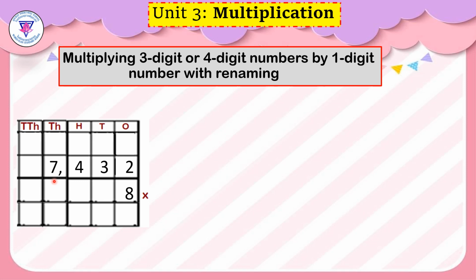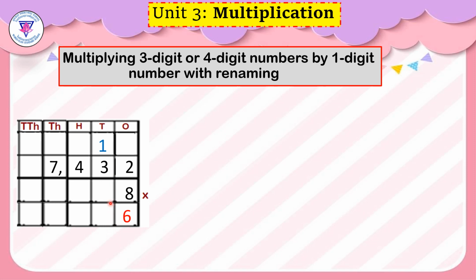We have 7,432 multiplied by 8. So let's see. 2 times 8 is equal to 16, right? Since we cannot write 16 under number 8, just write number 6, and then you need to carry 1 on the tens place.